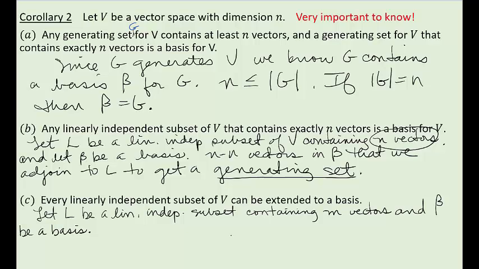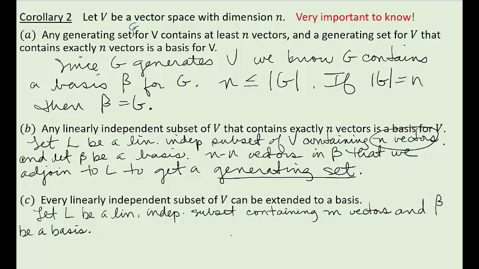Part C, every linearly independent subset of V can be extended to a basis. So let L be a linearly independent subset containing m vectors, and beta be a basis. So we know beta contains n vectors.